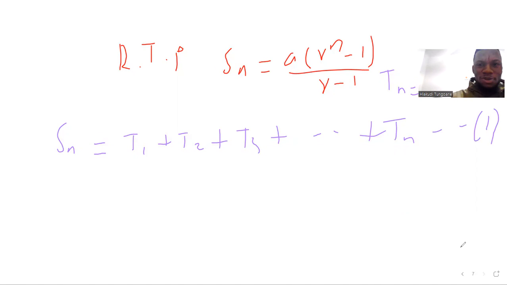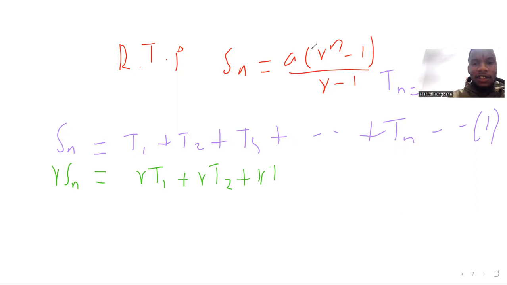So you multiply the Sn that you have as the first equation by R, the common ratio. That's going to give us R T1 plus R T2 plus R T3 plus up to R Tn, right? So that's going to be equation 2.